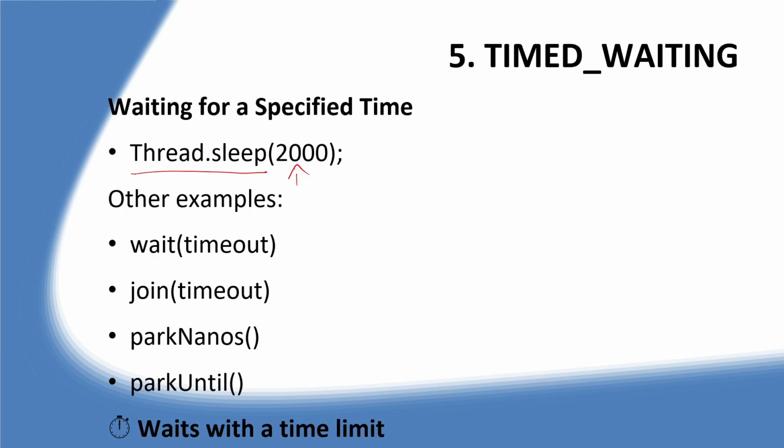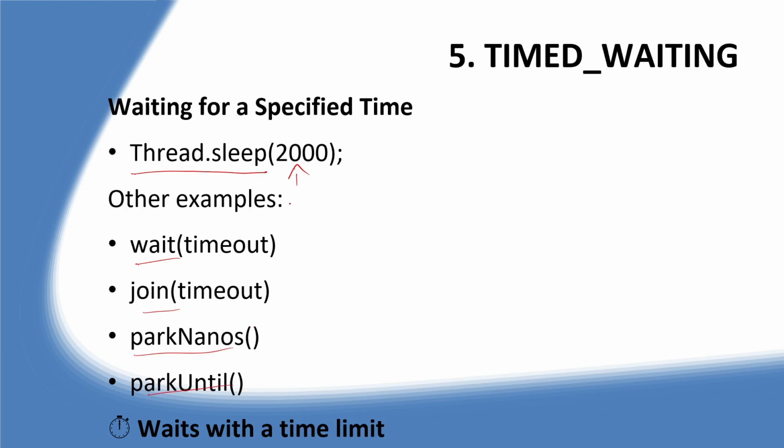If a thread calls Thread.sleep for 2 seconds, it enters the timed waiting state for that particular period. Other examples include wait, join, parkNanos, parkUntil.